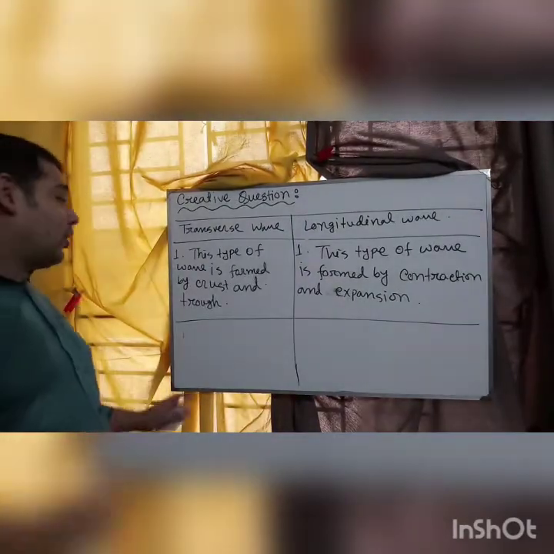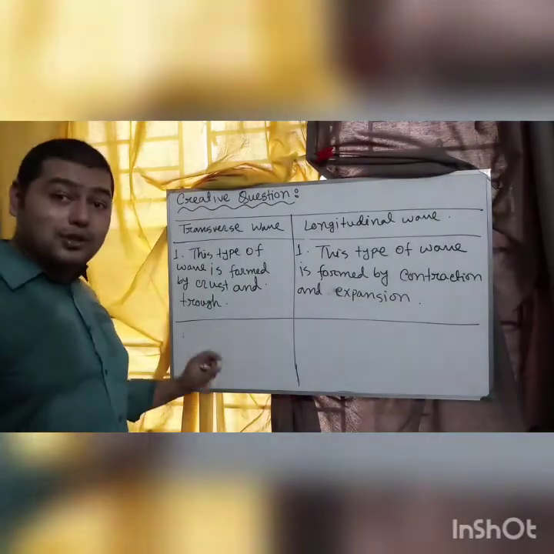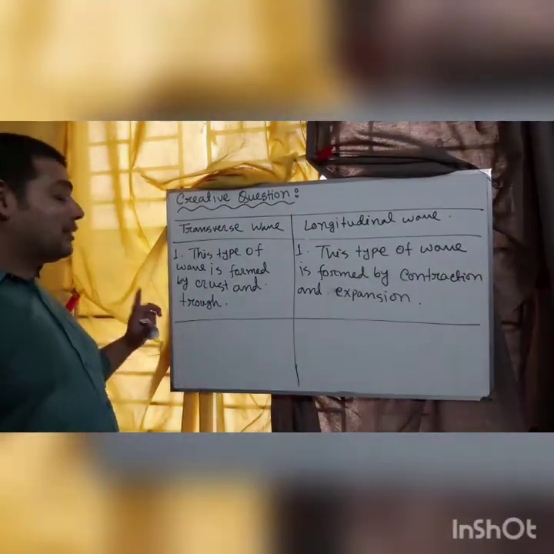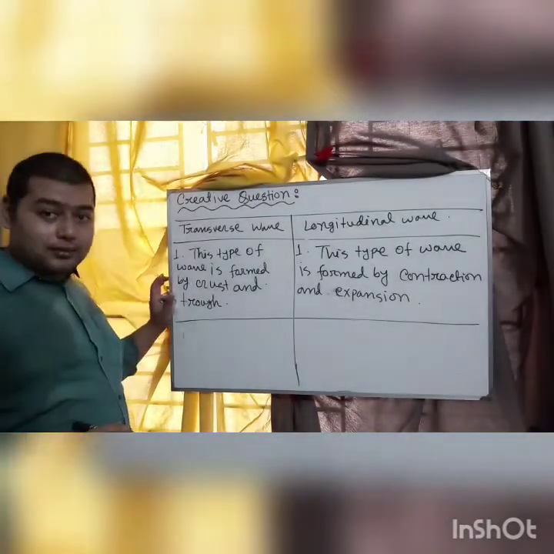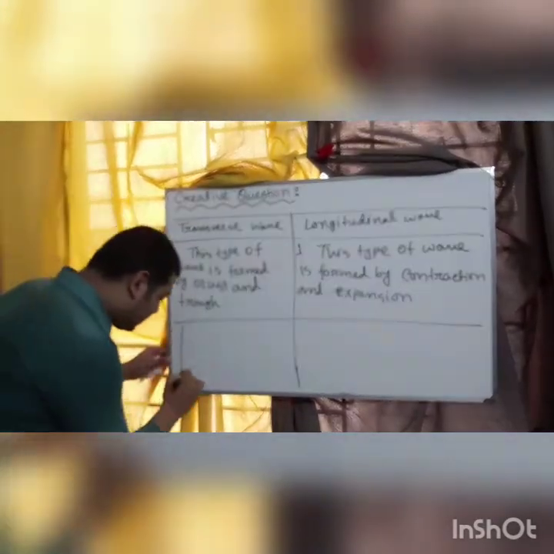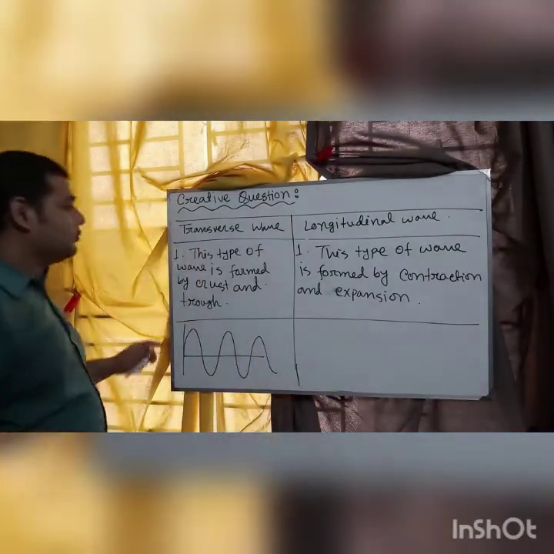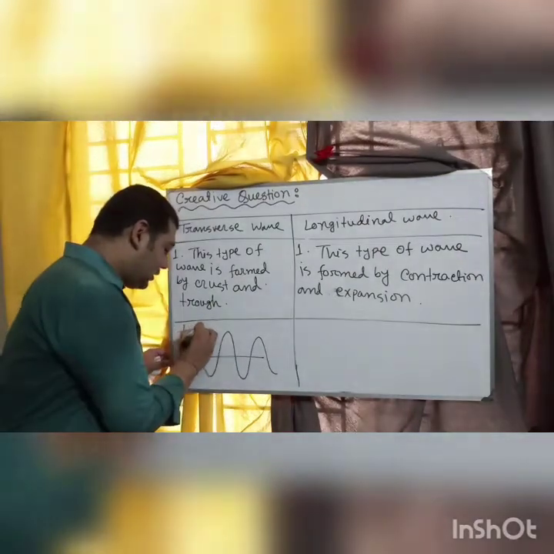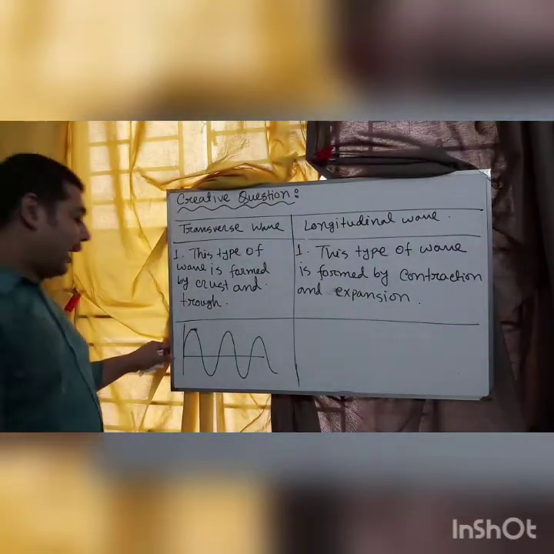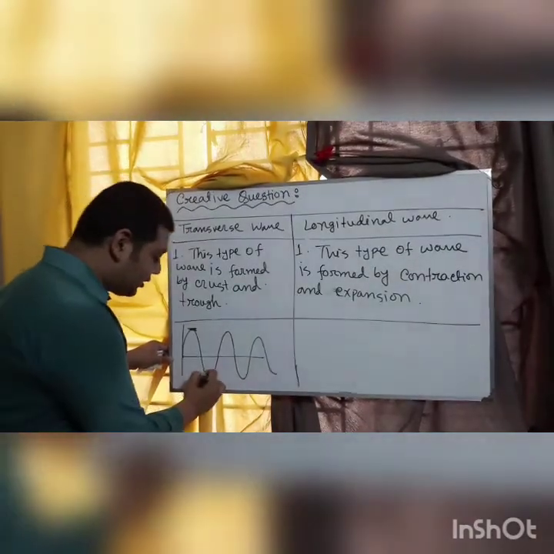Here I am drawing the figure of transverse wave and longitudinal wave. This is not our answer, this is only for understanding the answers. So this is our transverse wave. Here this is called crest and this is called trough. Crest, trough.